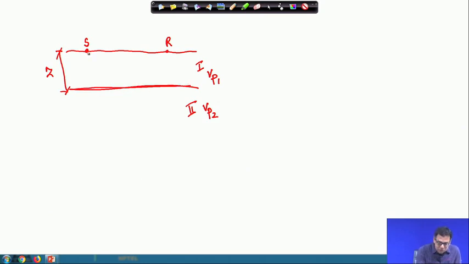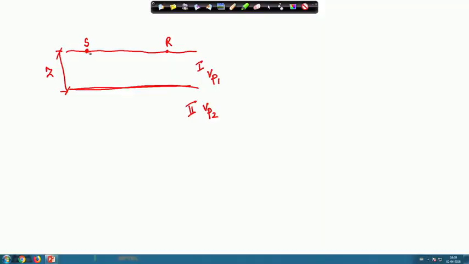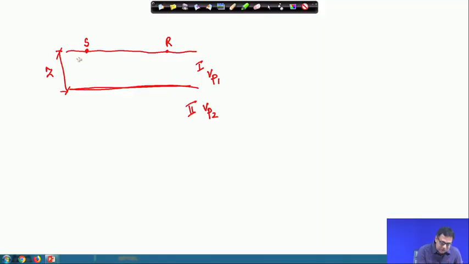Now, when there is a source, an infinite number of waves will be generated in infinite directions, because the wave will not generate in one particular direction. It will generate in this direction, this direction, any direction.